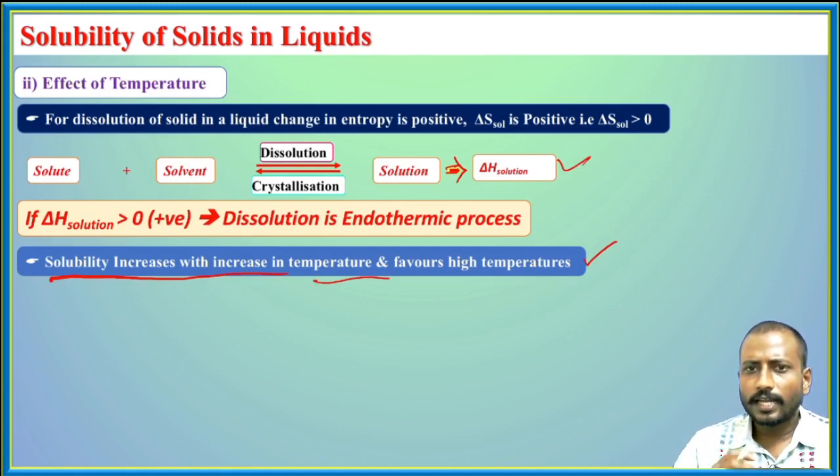Those endothermic processes require more heat to solubilize the solid in the liquid. So solubility increases with the increase in temperature for endothermic processes, when delta H solution is positive.